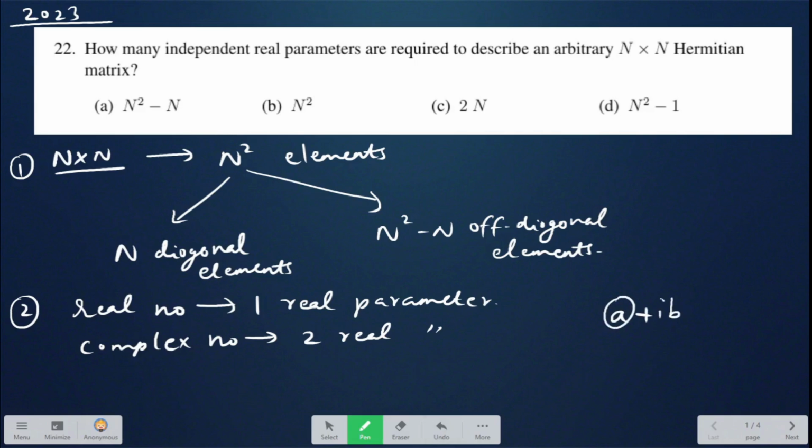One real parameter is needed to represent the real part, and the second real parameter is needed to represent the imaginary part. So total we need two real parameters to represent a complex number. So this is the second point.